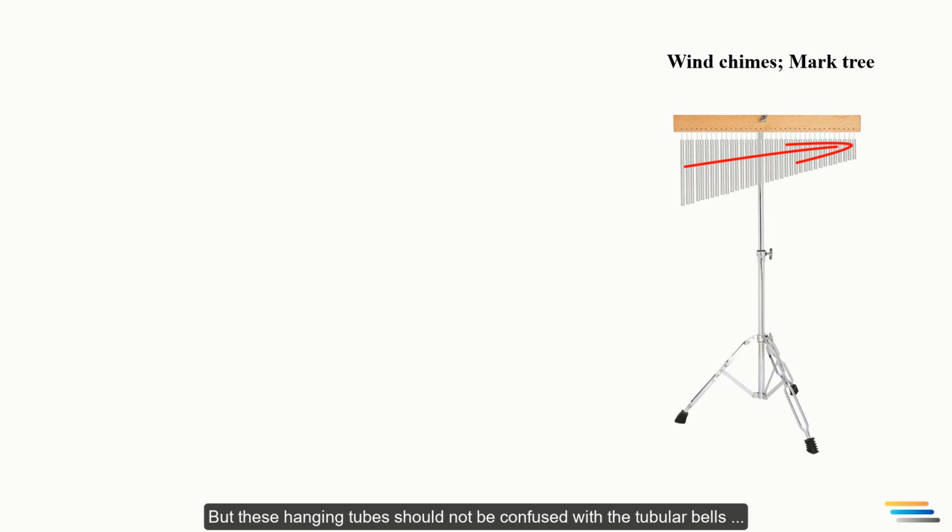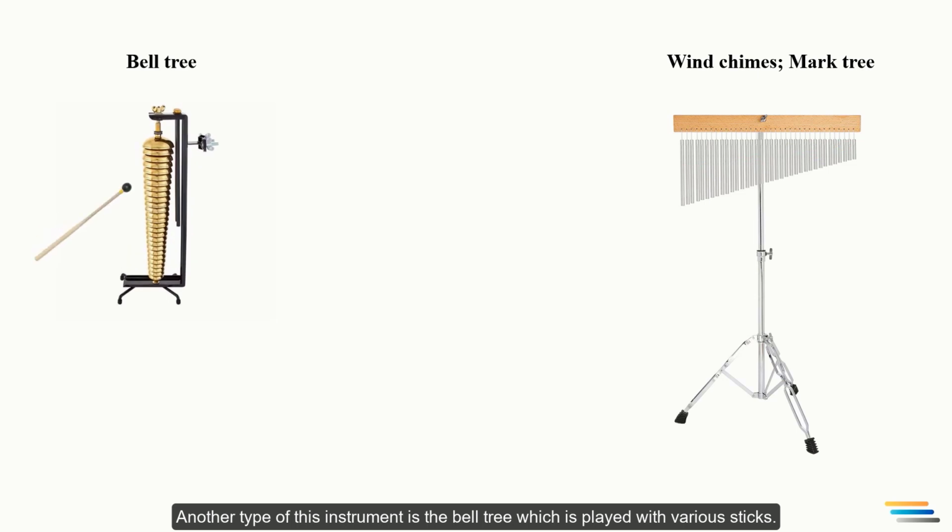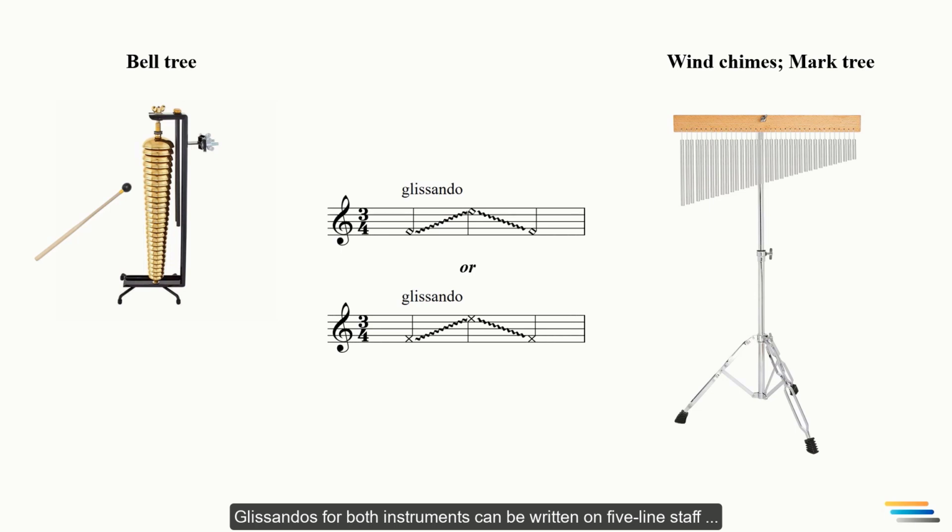But these hanging tubes should not be confused with the tubular bells, as this instrument is used just for the unpitched glissandos. Another type of this instrument is a bell tree, which is played with various sticks. Glissandos for both instruments can be written on a five-line staff with diamond or X-shaped note heads, and on a single-line staff.